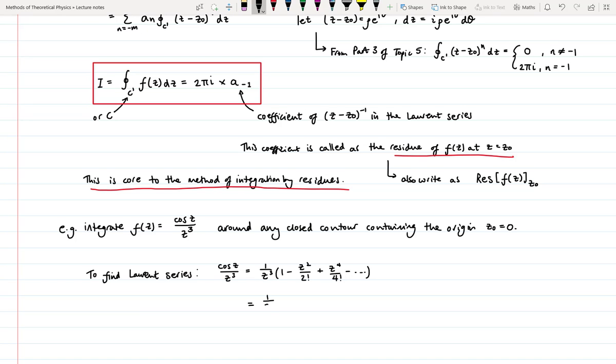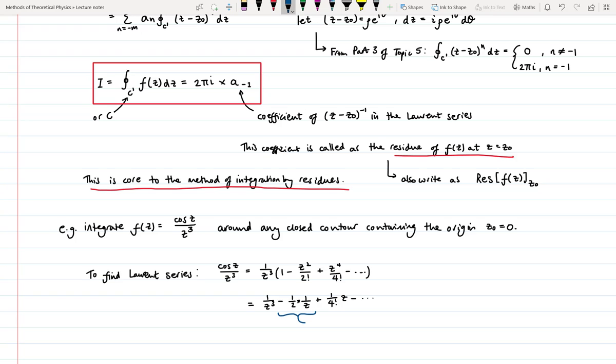Multiplying this out, we have 1 over z cubed minus a half times 1 over z plus 1 over 4 factorial times z, and so on. We don't care about any higher terms because they are all positive powers of z. In fact, the only one we care about is this one here, the term in 1 over z.